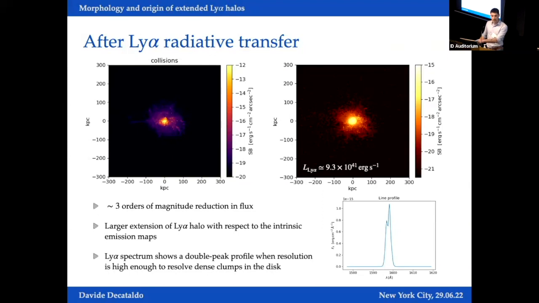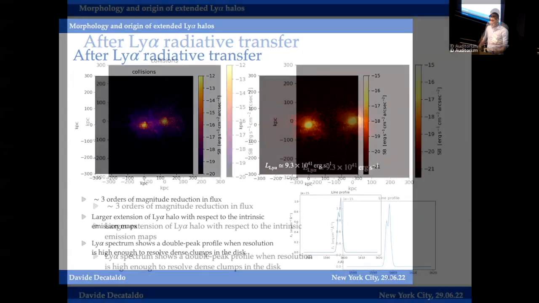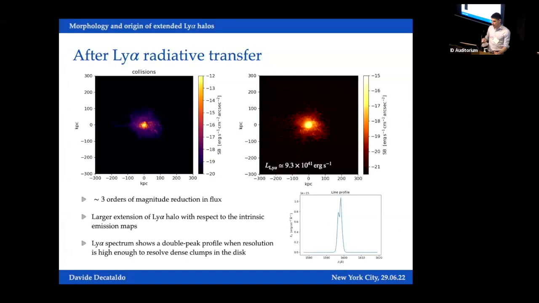Finally, I also point out that we can manage to reproduce the typical double peak in the spectrum of the Lyman alpha line that we usually see in observations. But for this, you really need a good resolution in the simulation, because if you don't have it, you cannot resolve the dense clumps in the disk of the gas, and then you don't manage to reproduce the Lyman alpha line.